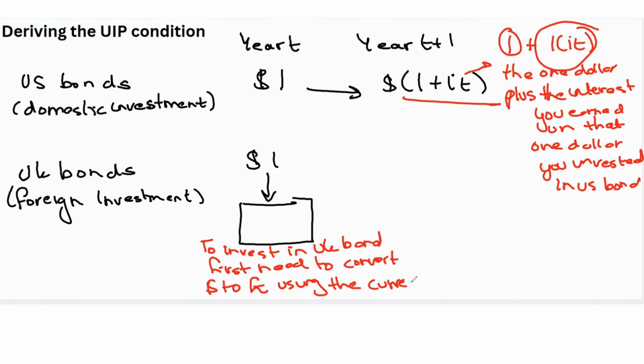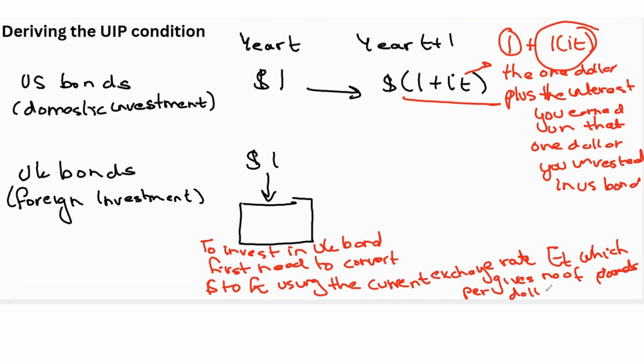Obviously, if you want to invest in a UK bond, you need to first convert the dollars you have into pounds using the current exchange rate E_t, which gives us the number of pounds per dollar.